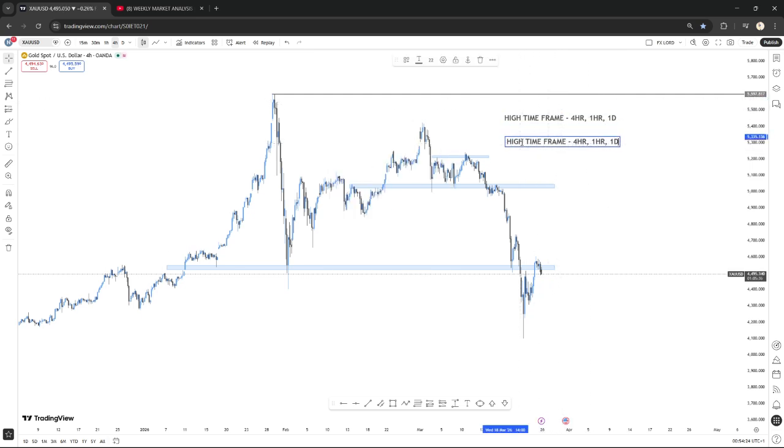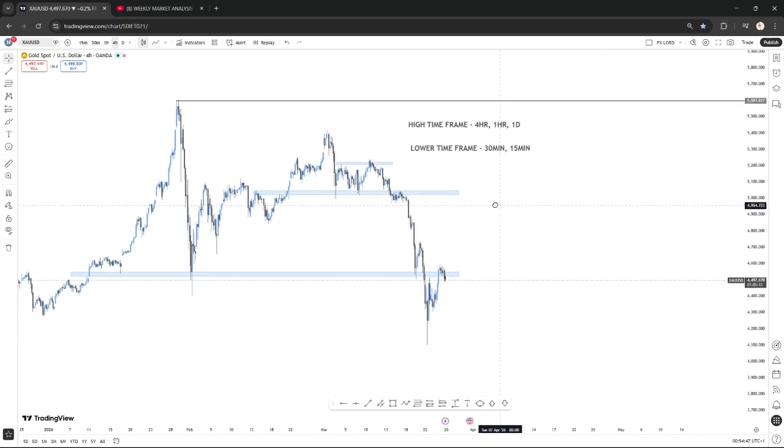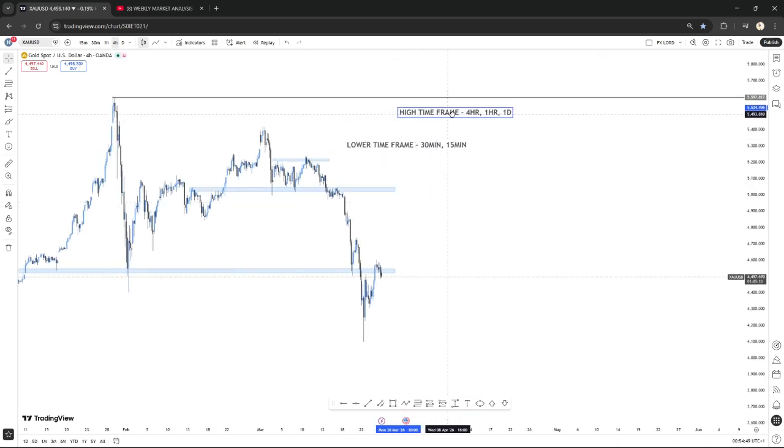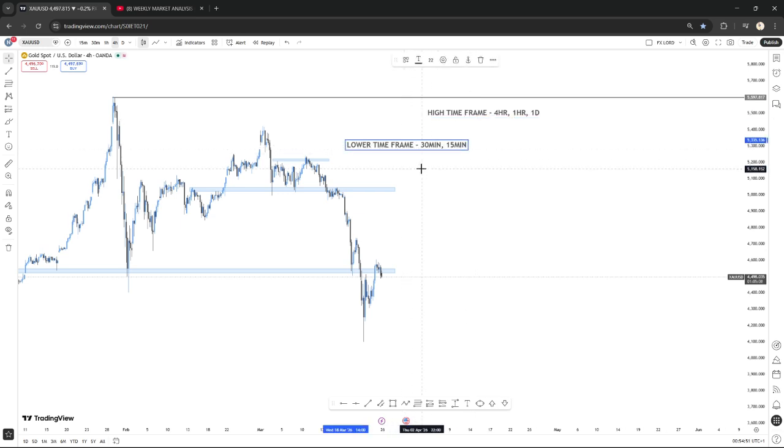So I'm going to spell this lower. On the lower time frame, I work with 30 minutes and 15 minutes. So this is basically all you need when you come to your chart.